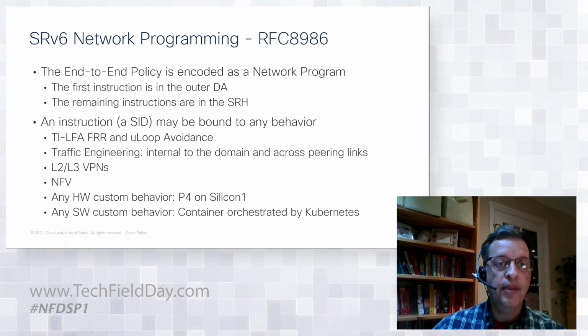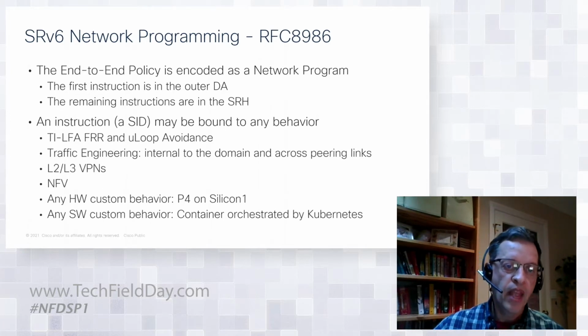It's also new with SRv6, you can also have segments that have service semantics. So a SID could represent a decapsulation function for a VRF. It could represent a decapsulation function for an L2 VPN. Functions can be assigned to virtual functions, such as in NFV chains. You could have a firewall, you could have a DPI, you could have a load balancer, which now has semantics in SRv6 that can now attract traffic to it.